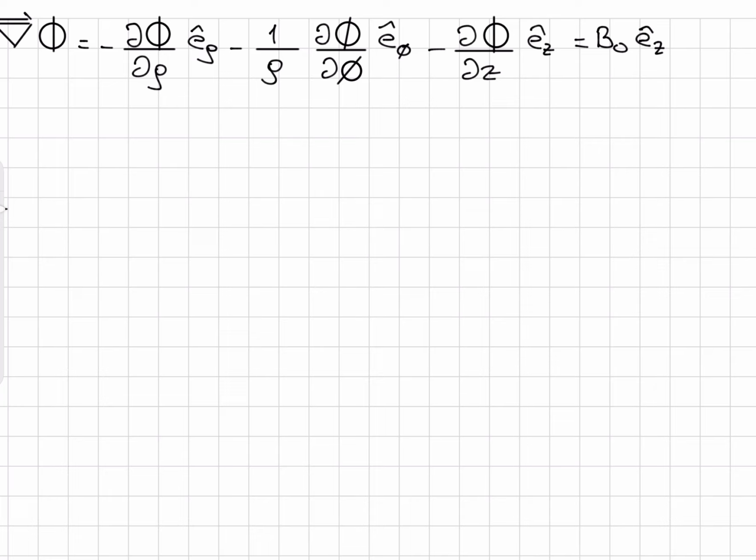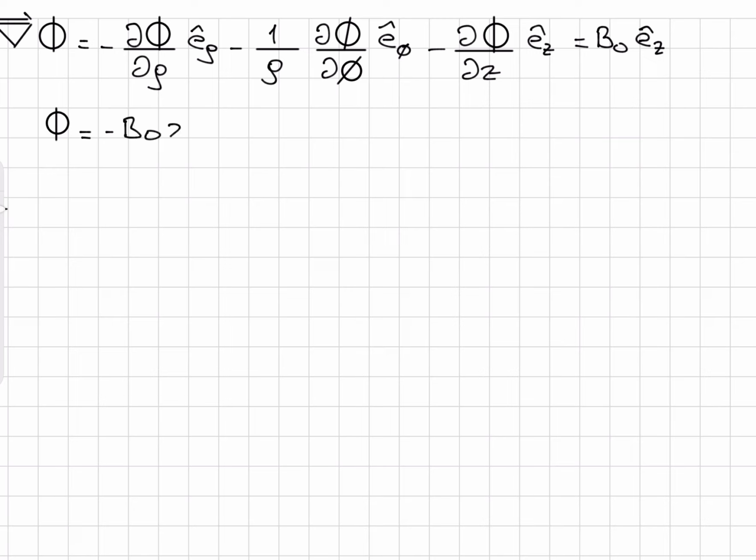Okay. And so all of these terms, the rho derivative and phi derivative, should be 0. But the z derivative is B0, which means I could write the scalar function phi, up to a constant, as minus B0 z.